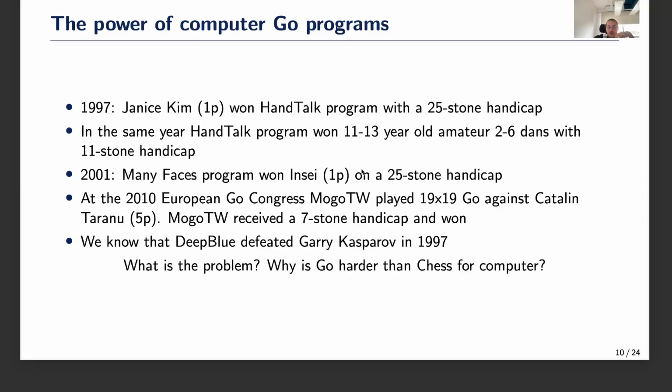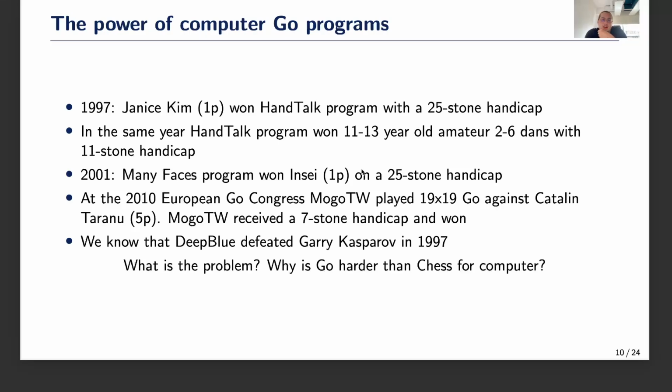And in 2010, at the European Go Congress, MoGo TW, a Monte Carlo tree search based program, played on the full 19 by 19 board against Catalin Taranu, 5th Dan Pro.